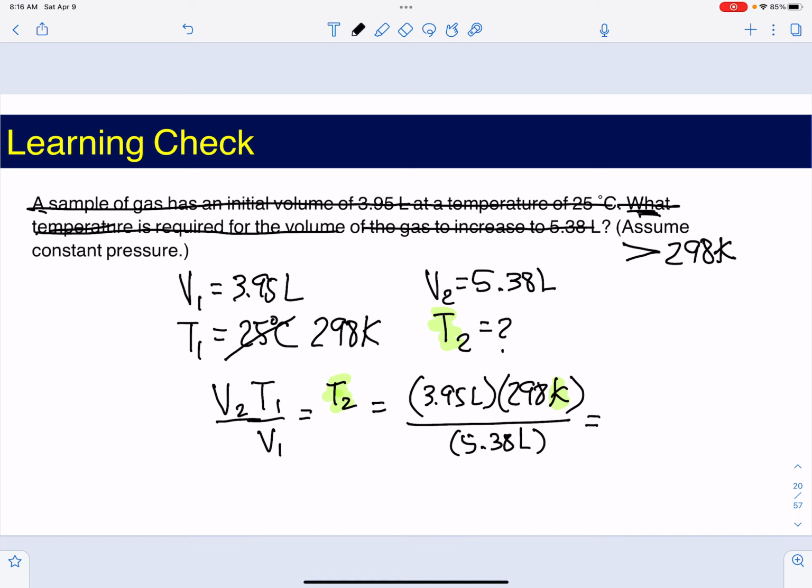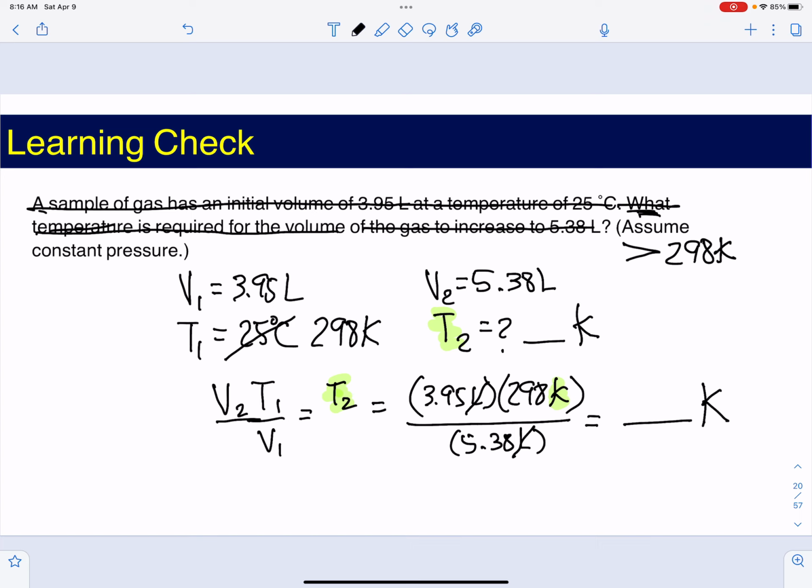Before I go any further, I look at my units. Liters cancel with liters. So the only unit remaining is going to be Kelvin, which is good because I'm looking for temperature, right? And when I put that into my calculator, remember, the temperature has to be bigger than 298 for this to be true.